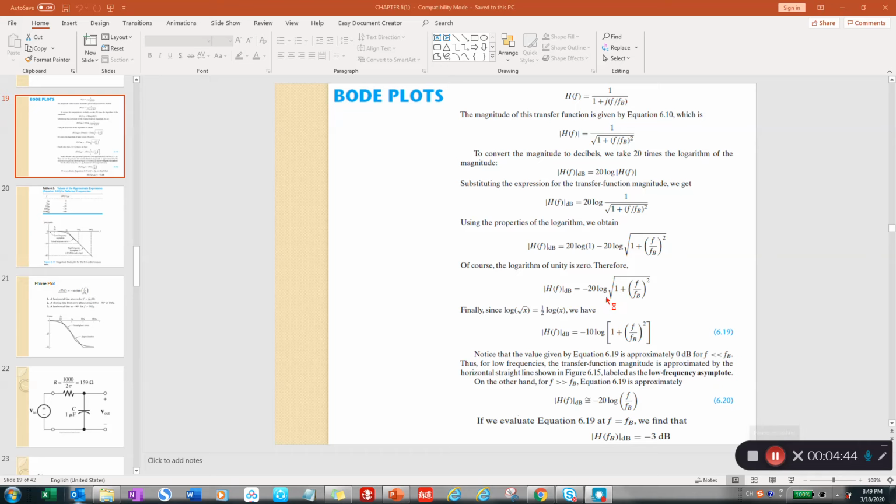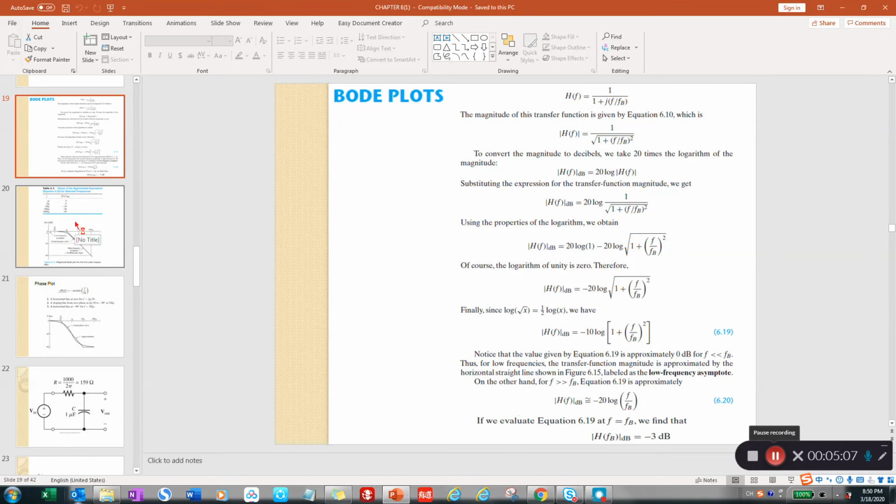Then calculate the log of 100, you are going to get 2. Then the amplitude in dB will be equal to -40. That means if your f is 100 times of fb, then your amplitude in dB will be -40.